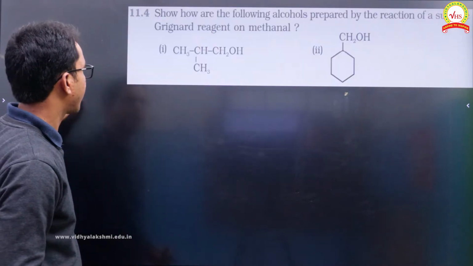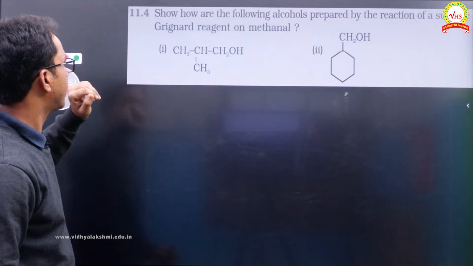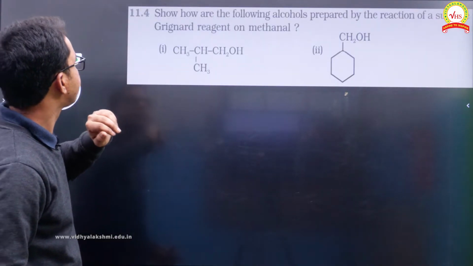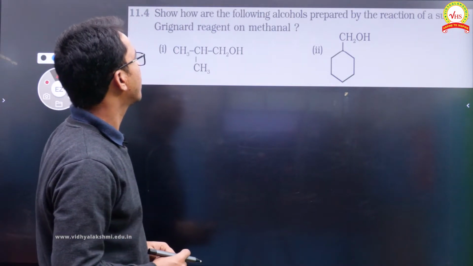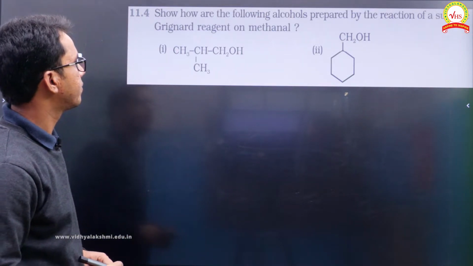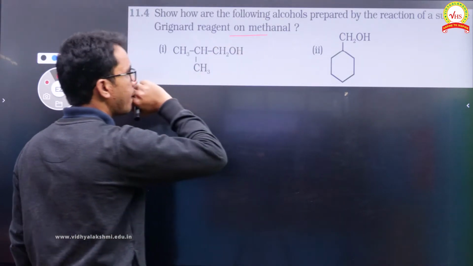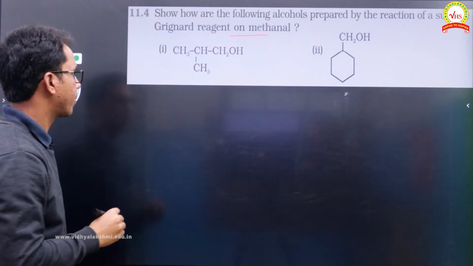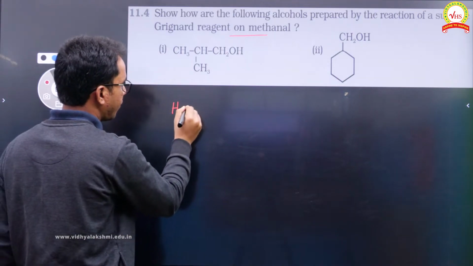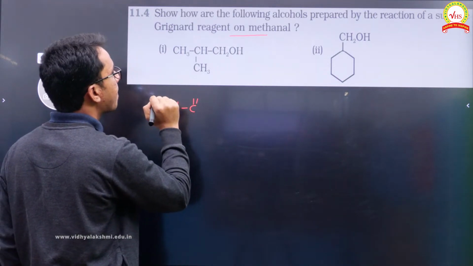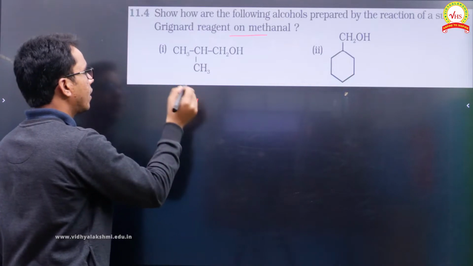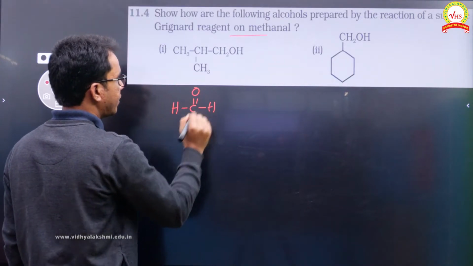Now let us see a particular question here. Show how the following alcohols can be prepared by the reaction of a suitable Grignard reagent on methanol. They have given a reagent over there. Generally, methanol in the sense that is formaldehyde.